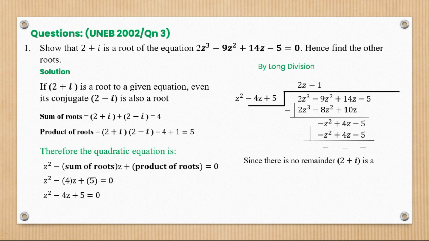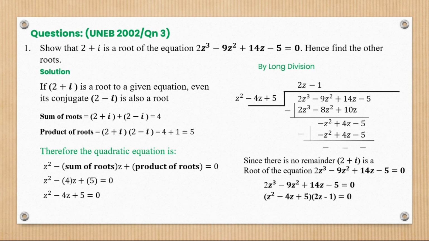Since there is no remainder, it means that this 2 plus i is indeed a root of the equation 2z cubed minus 9z squared plus 14z minus 5 is equal to 0. So let's state this. Our cubic equation can be stated as that, with the two factors multiplying themselves. We can now see two different parts to this.